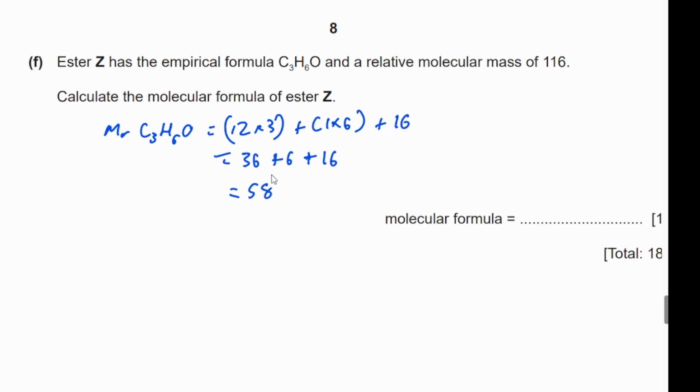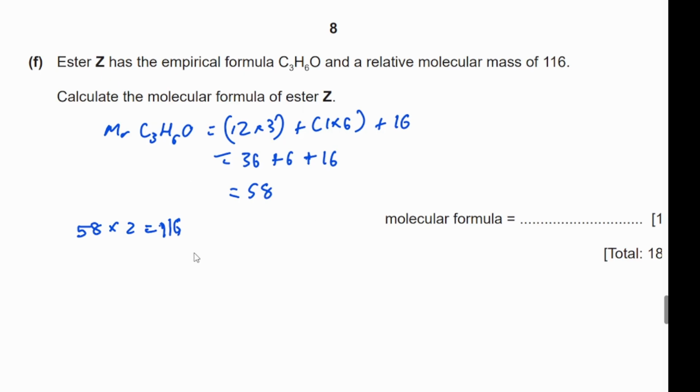Okay, so since the Mr of C3H6O is 58, to get 116, you need to do 58 times 2. Therefore, since the Mr of ester Z is 116, you will need 2 C3H6O to make it 116.